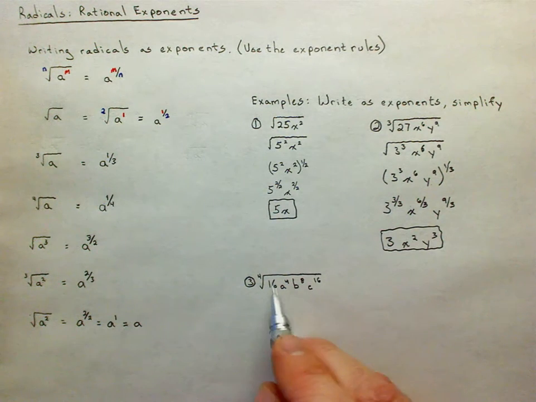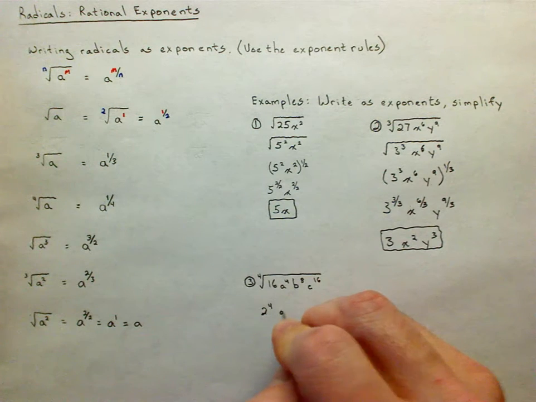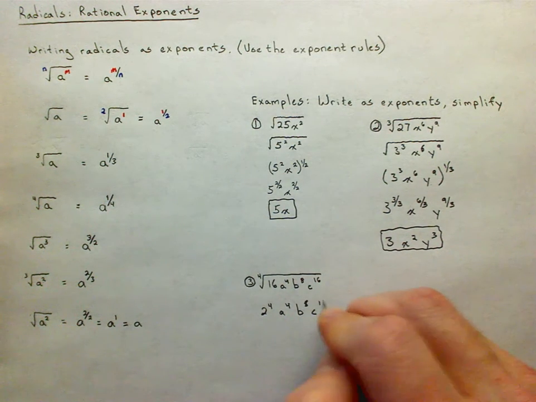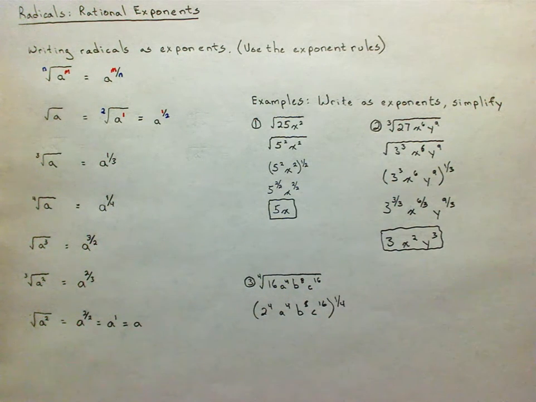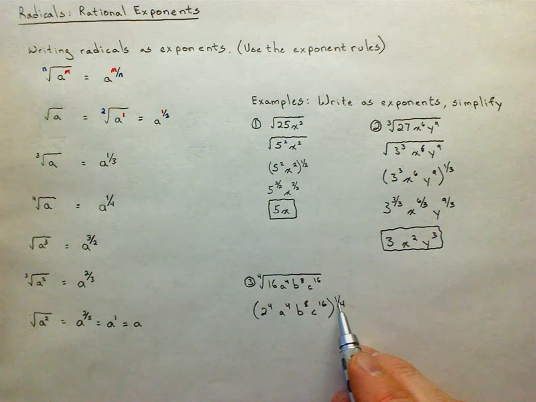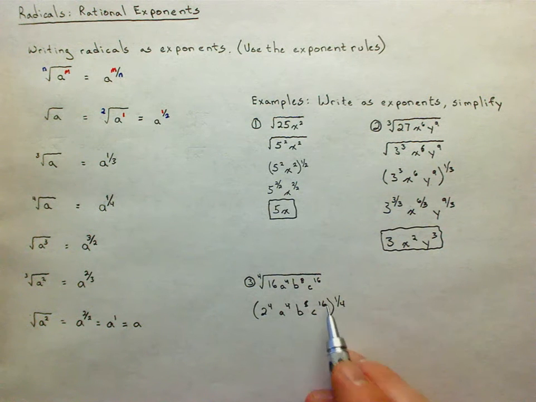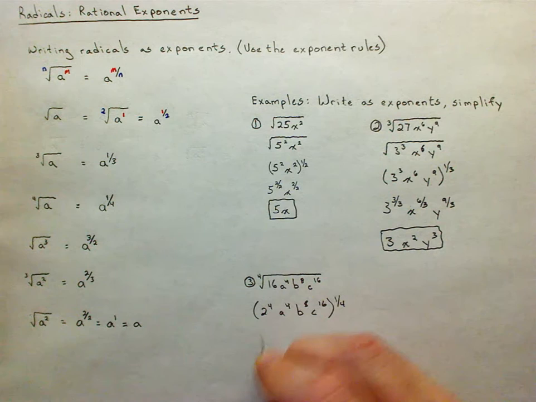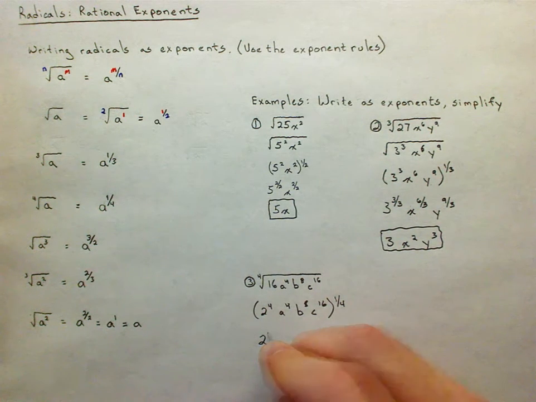Next one, I have the fourth root. So 2 to the fourth, a to the fourth, b to the eighth, c to the 16th, all to the 1/4 power. Well, multiplying by 1/4 is the same as dividing by 4. So I'm going to go through each one of these and divide them by 4 and write out my answer. 4 divided by 4 is 1, so that leaves my 2 to the first power.